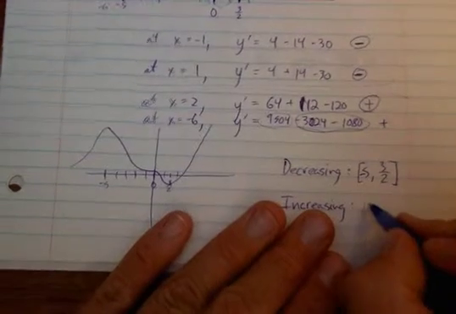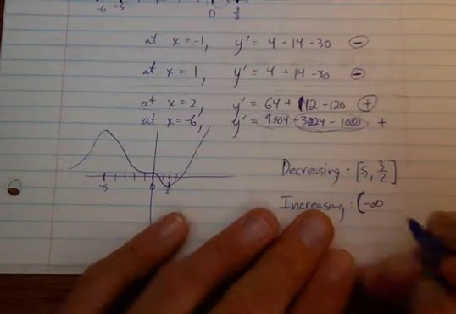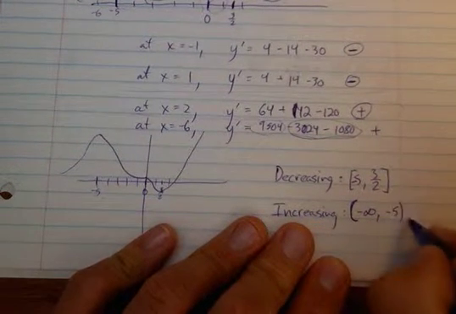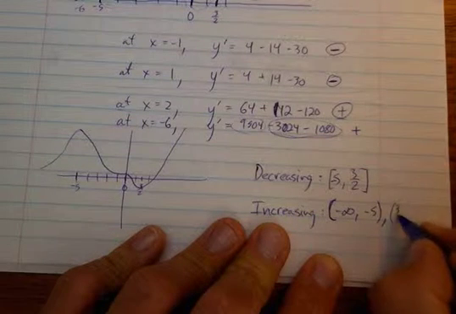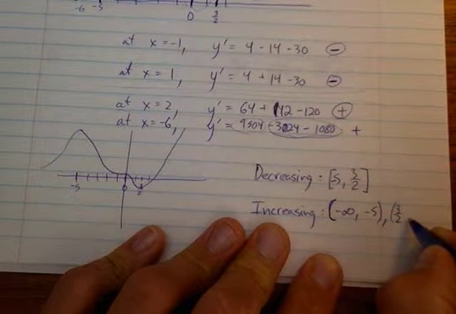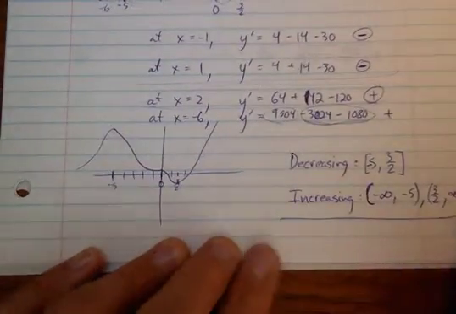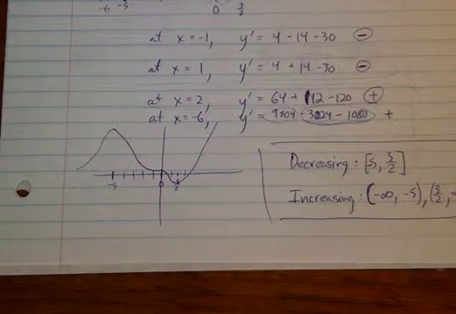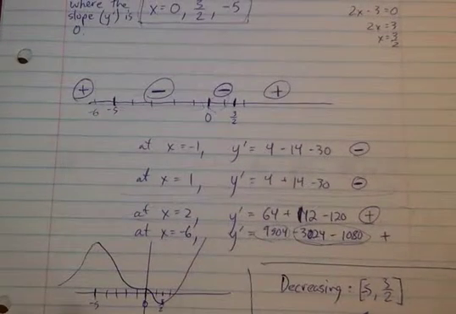Probably -infinity. So -infinity to -5 and 3/2 to positive infinity. And that's how you tell where something is increasing or decreasing.